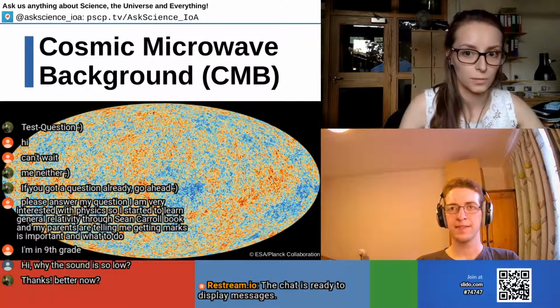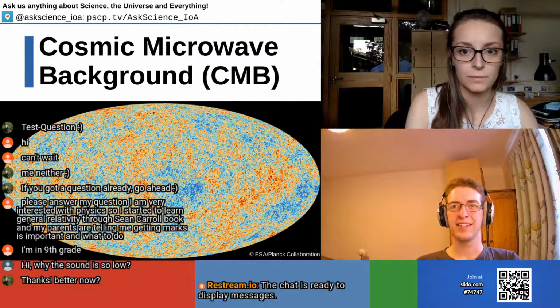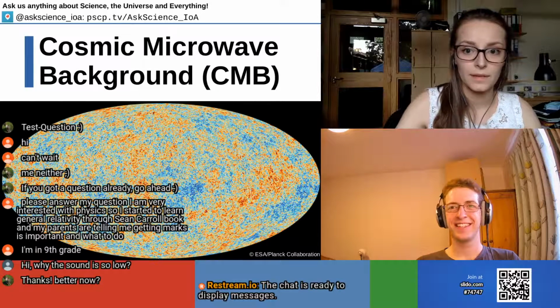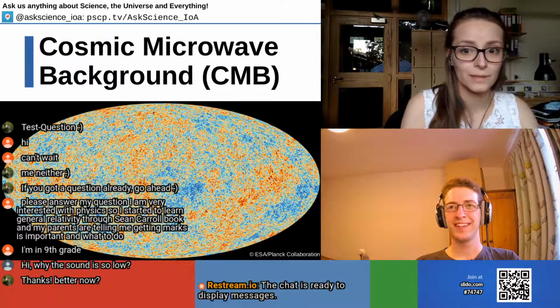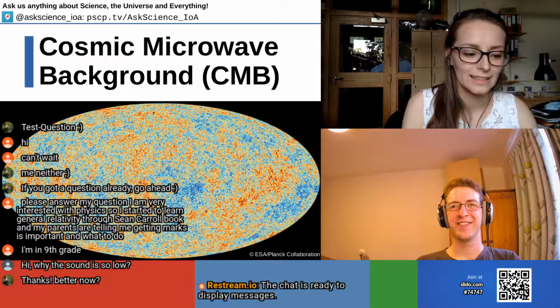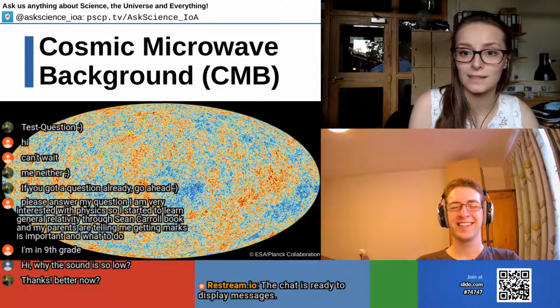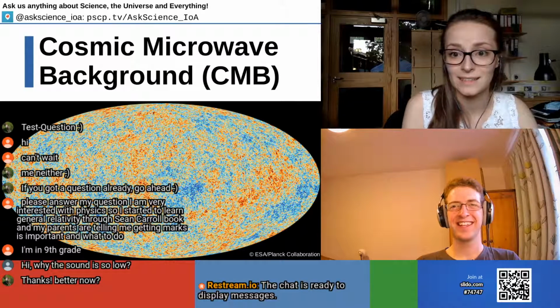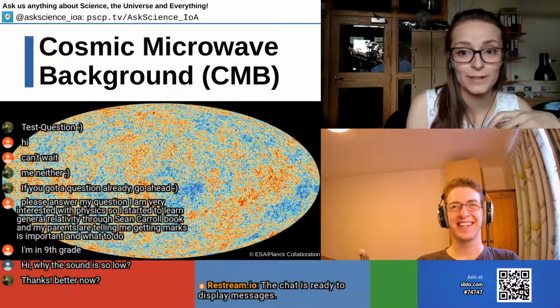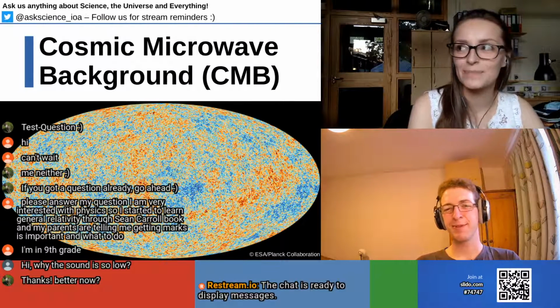This is a zero-point energy. You can use quantum field theory to predict this theoretically, and you can also measure it. And the difference between the prediction and the actual observation is 120-something orders of magnitude. So that many factors of 10. Wow, that's a pretty big discrepancy. Yeah, something must be wrong there.